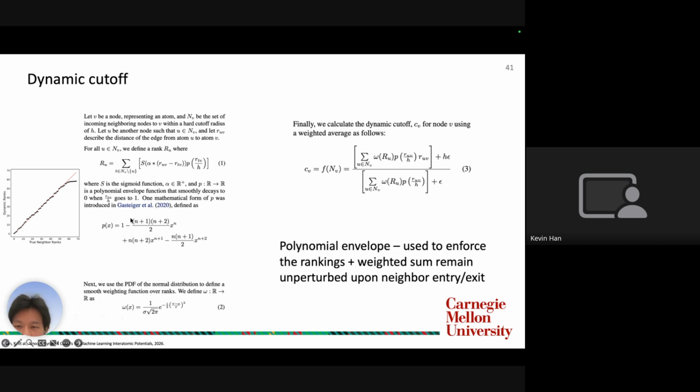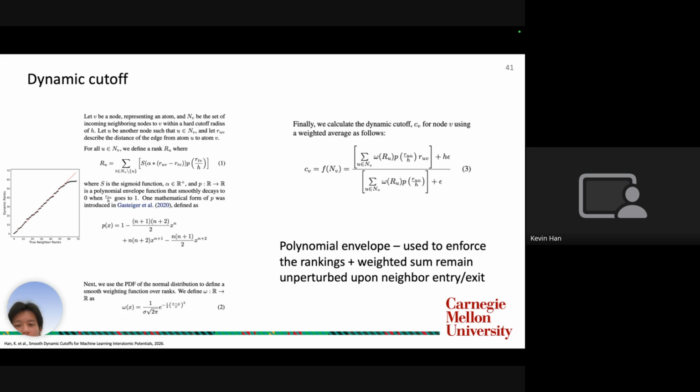And then here, we should be formulating the polynomial envelope. After we calculate these ranks for a single center atom, we use the probability density function of the normal distribution that is centered at our target mu neighbors in order to define a smooth weighting function over the ranks themselves.